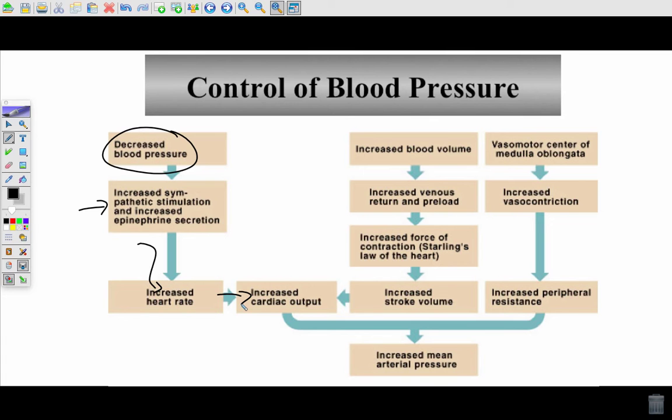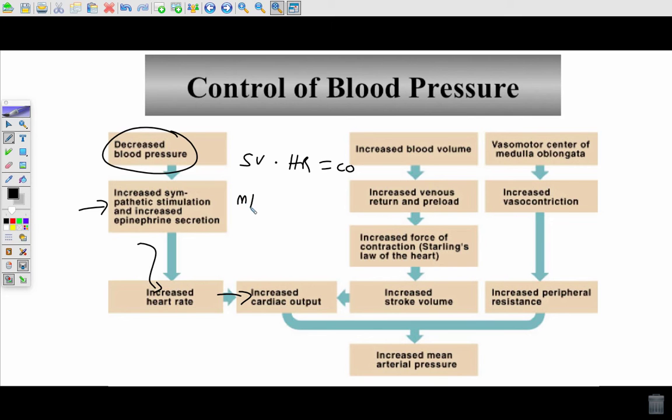Cardiac output is stroke volume times heart rate. And so it gives you milliliters per minute. How much blood are we moving through the system in 1 minute?